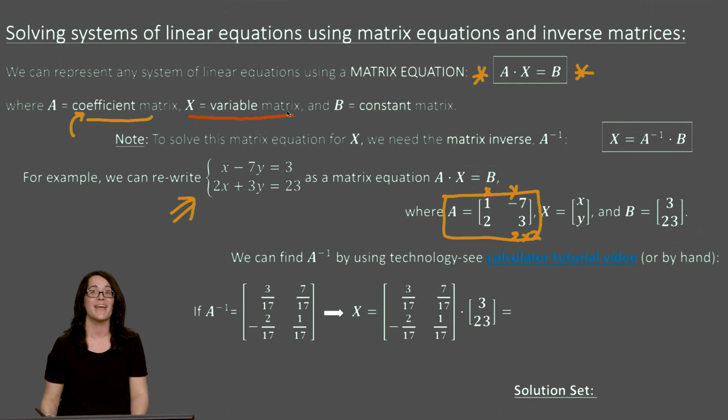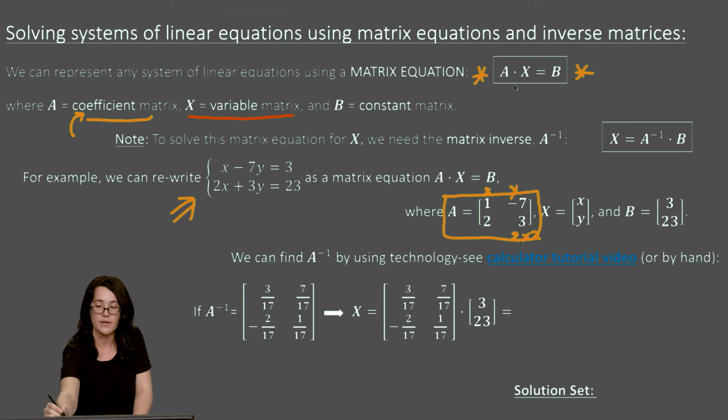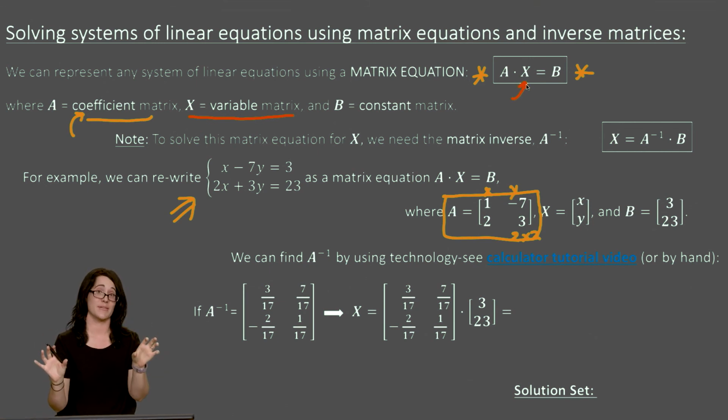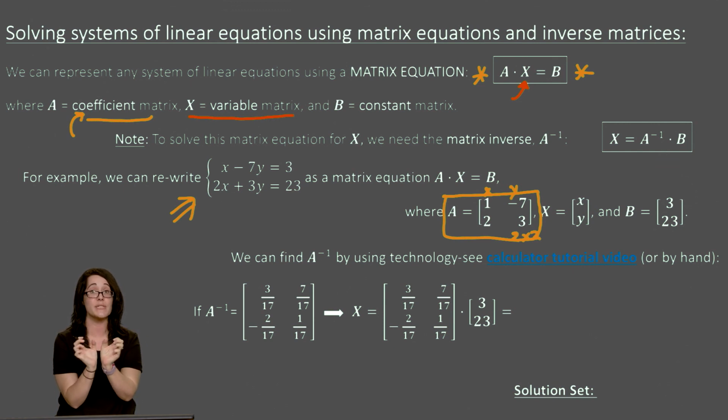For matrix X, the variable matrix, we have A times X in the matrix equation. In the last video, when we introduced matrix multiplication, we said that the only way we could multiply two matrices together was if they had the same inner order. Good job.